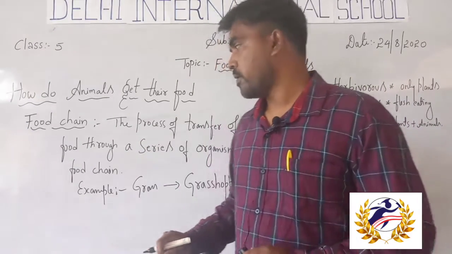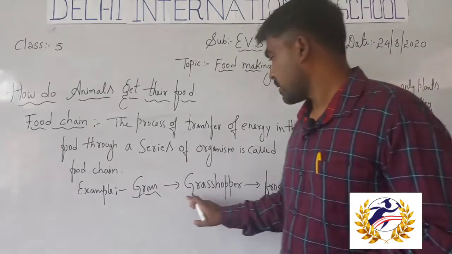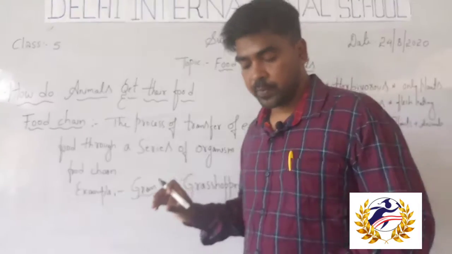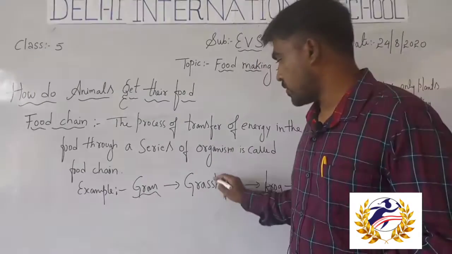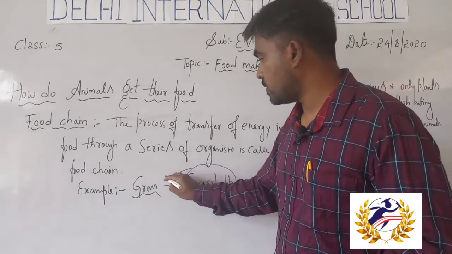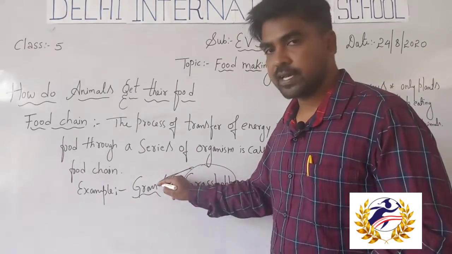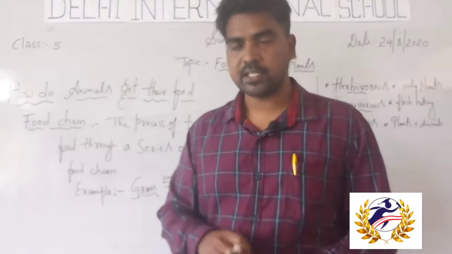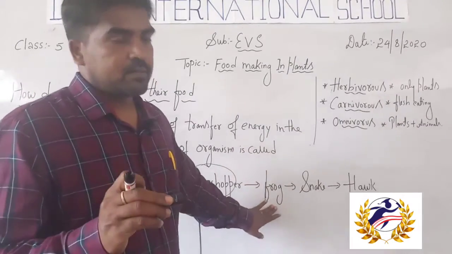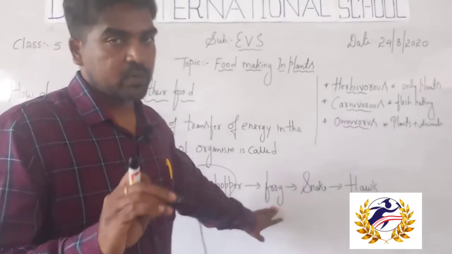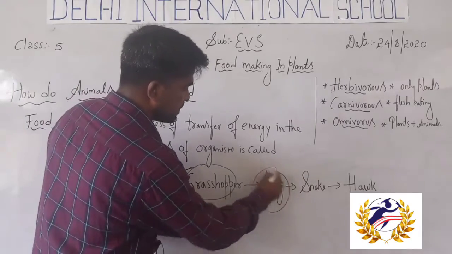For example, grass means plant. Grasshopper is an insect, and the grasshopper depends on grass. It will eat the grass, or the leaves of plants. A frog will catch only insects, so the frog will trap the grasshopper.